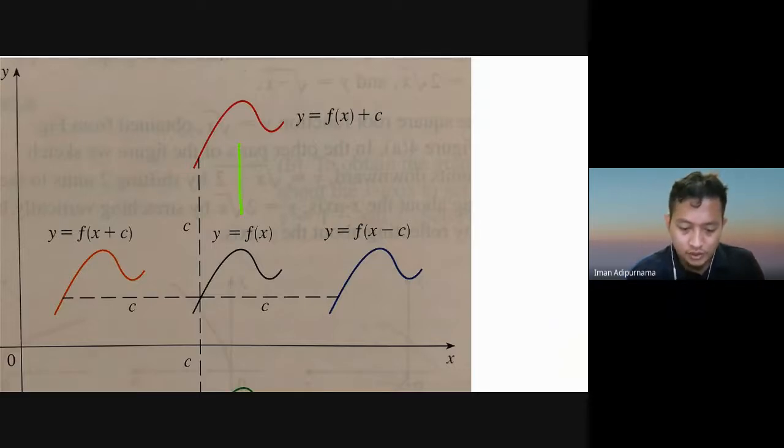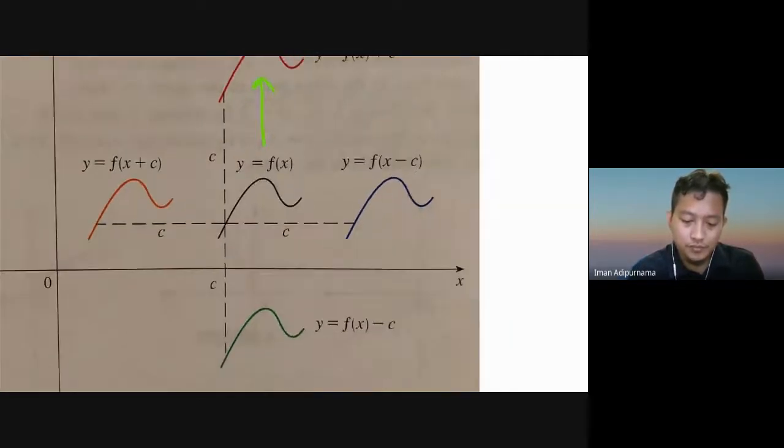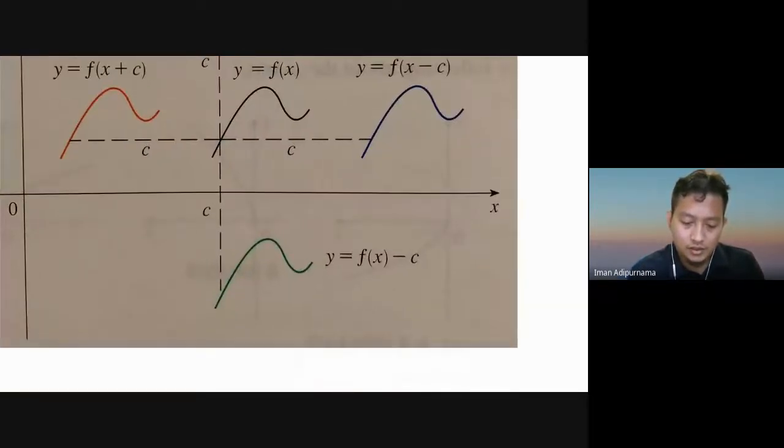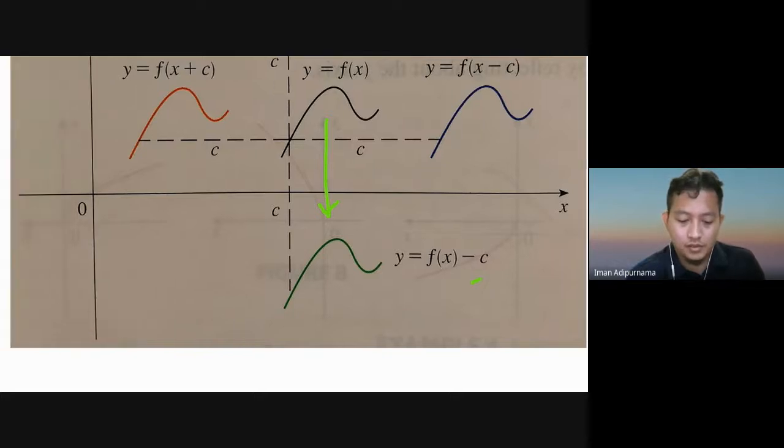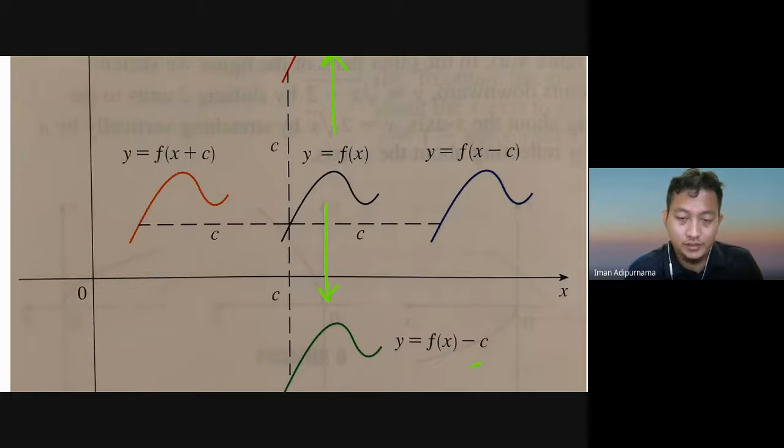So move here, you just plus a constant. So this y you need to plus the constant. And then going down, just minus the constant. How many points you are moving.